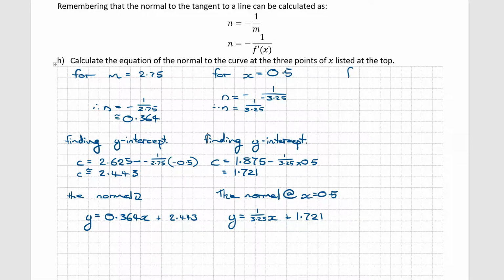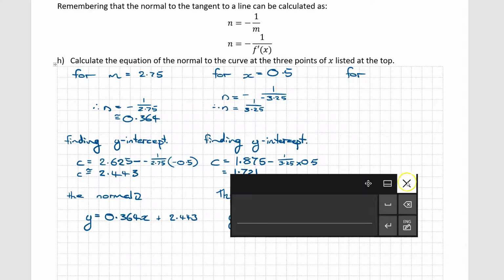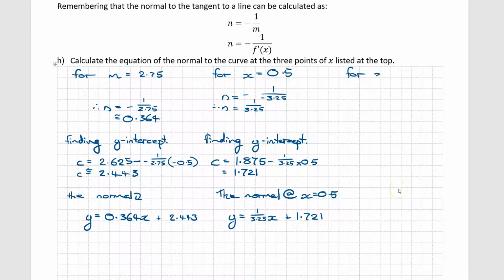Now jumping into it for x equals 2.5, n is going to be negative 1 over 2.75, and that's roughly equal to 0.364, like so. So the gradient was the same as the first one, so we can just reuse that calculation.